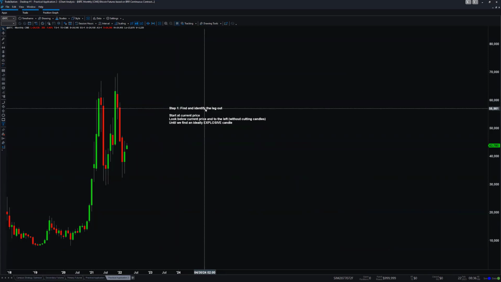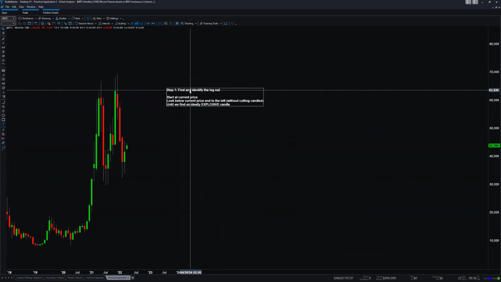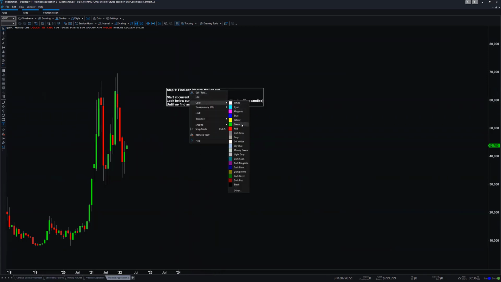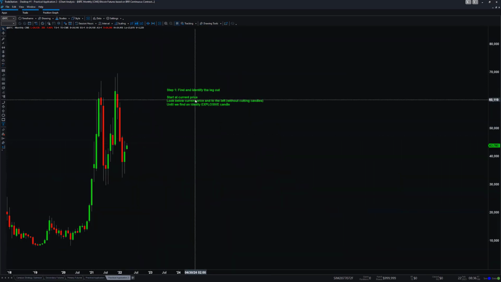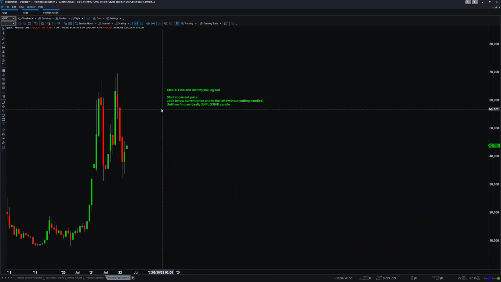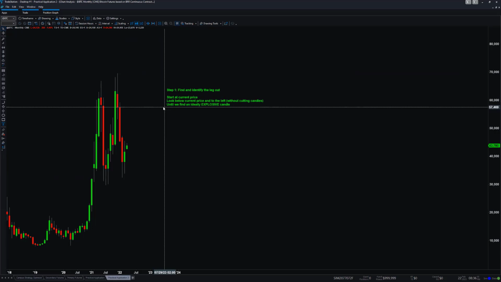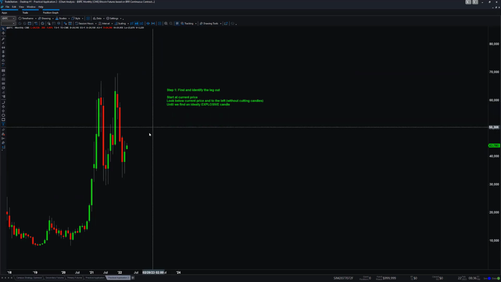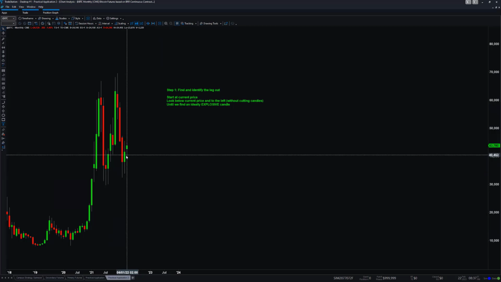So find one. We identify the leg out. So the leg out, we start at current price and then we look below the current price and to the left without cutting candles until we find an ideally explosive candle. So is this candle explosive?